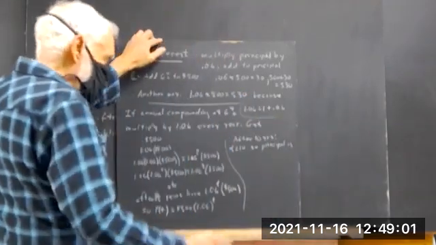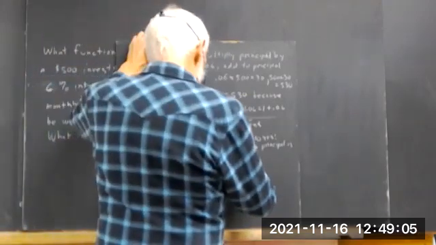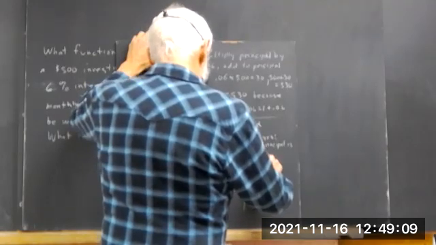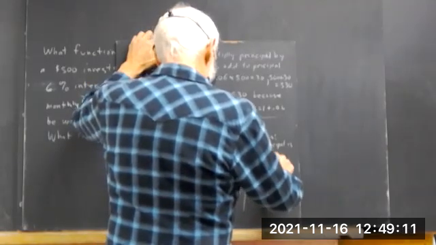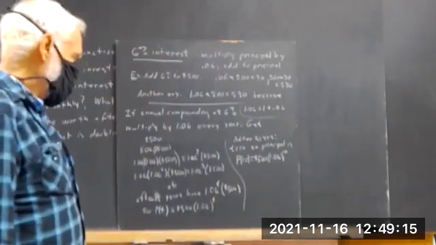After 10 years, T equals 10. The principal is P of 10, which is $500 times 1.06 to the 10th.